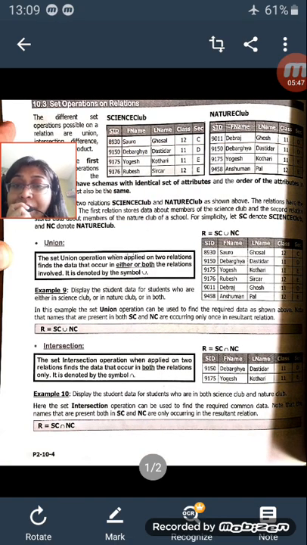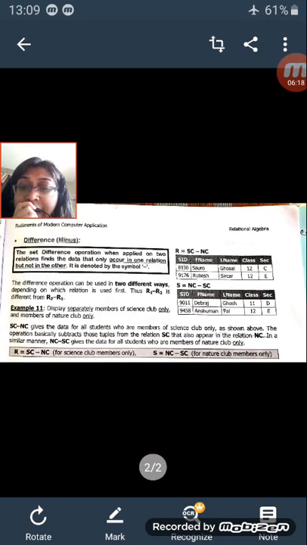In science club, the common part with nature club is Devargo and Yogesh. So the rest are Shauro and Rubesh. If we subtract SC minus NC, we get only Shauro and Rubesh, because the common part of nature club is eliminated. If we subtract NC minus SC, meaning we deduct the common part of science club from nature club, it shows only the uncommon part of nature club, those are Debraj and Anshuman.